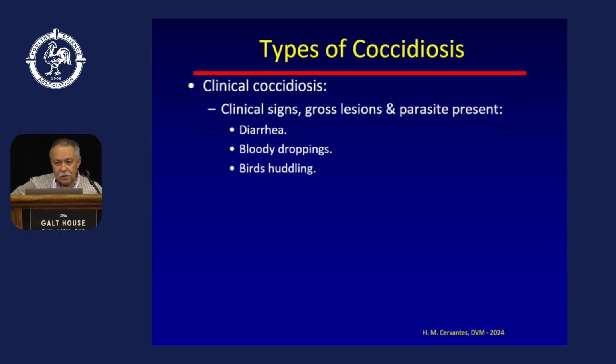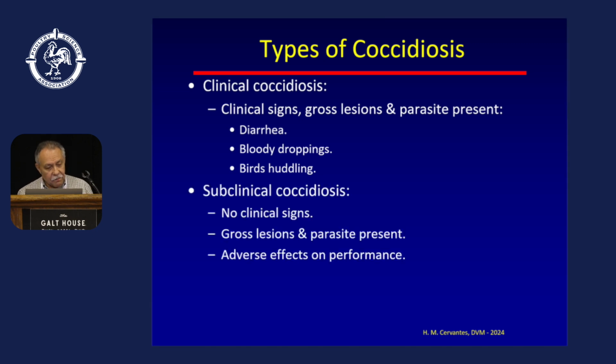As far as the types of coccidiosis that we have, of course, we have the clinical one, where we have definite symptoms of disease, such as diarrhea, bloody droppings, birds huddling under brooder stoves, etc. Subclinical coccidiosis, however, doesn't display signs of disease, but is very prevalent, and if you monitor for gross lesions and parasites, you will find them.